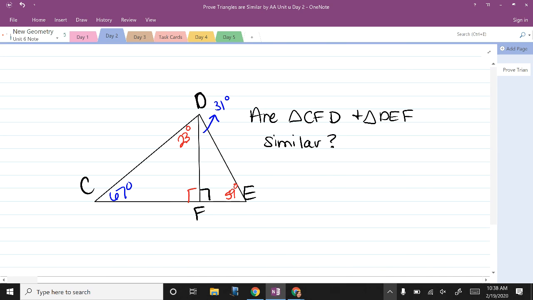Are these triangles similar? Well, I have one pair of congruent angles, right? Do I have two pairs of congruent angles? No. So I cannot use angle-angle to say that they're similar, because none of the others match up. So you're just going to say, not similar.